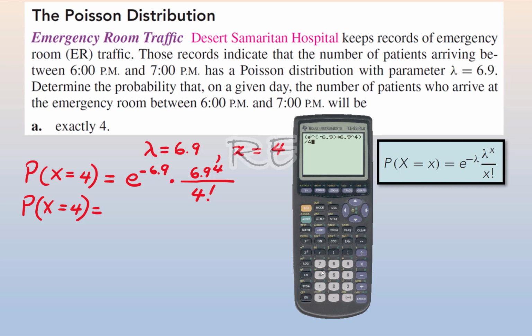Enter 4, then math, then scroll over to probability, scroll down to factorial, and our answer is 9.5%.